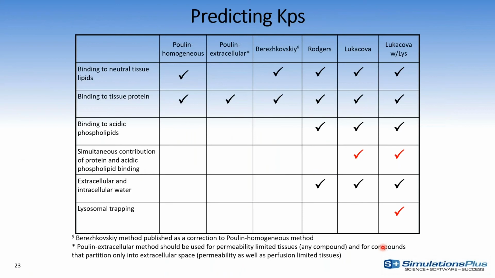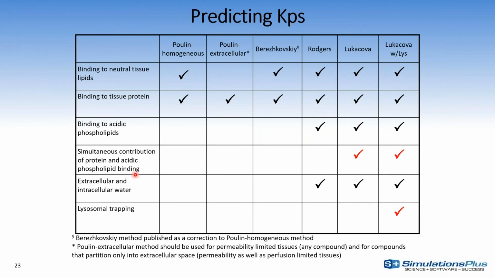Here is the summary of all the methods we provide in GastroPlus. For the Poulin method and Berezhkovskiy, we accounted for binding to neutral tissue lipids and binding to tissue proteins. For the Poulin extracellular method, we only account for binding to tissue protein.